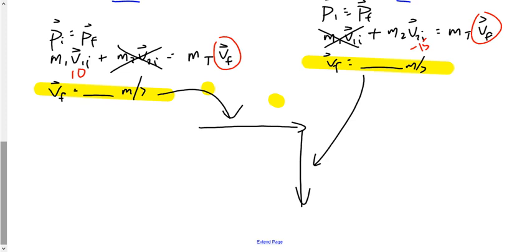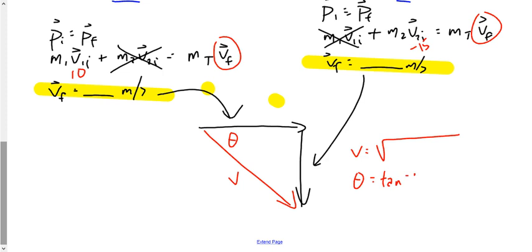And I'm going to solve for the speed and the angle by doing a little bit of trigonometry. Geometry and trigonometry. V is equal to the square root of a squared plus b squared, and theta is equal to the inverse tan of opposite over adjacent.